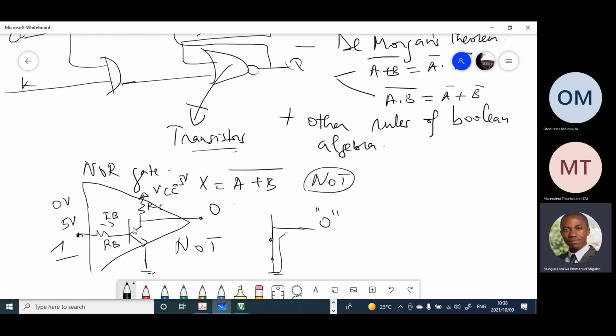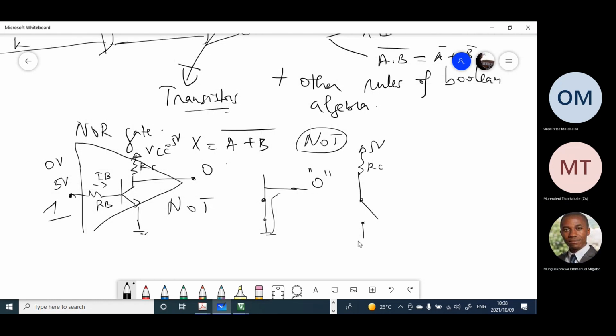The same way, if you apply 0 volt there, this transistor is used in saturation, of course. There will not be enough current to switch it on, and it will behave like a fully open switch, in which case the 5 volt that is there will be split between RC and an open circuit. An open circuit is modeled mathematically as infinite ohms, because remember, electrical resistance is resistance to current flow.